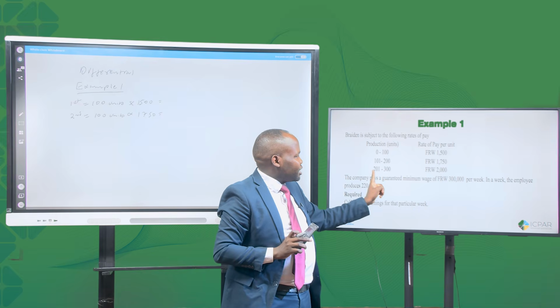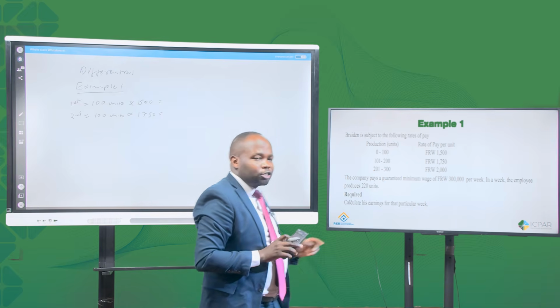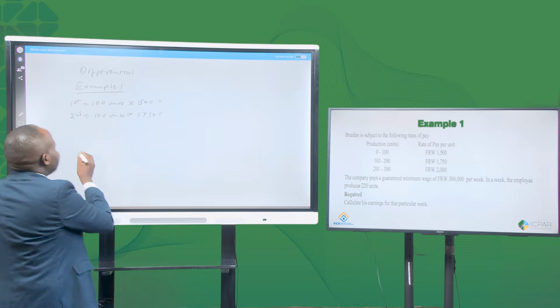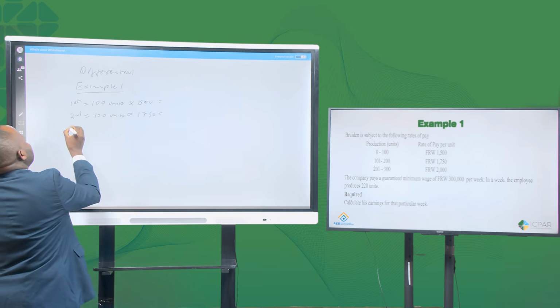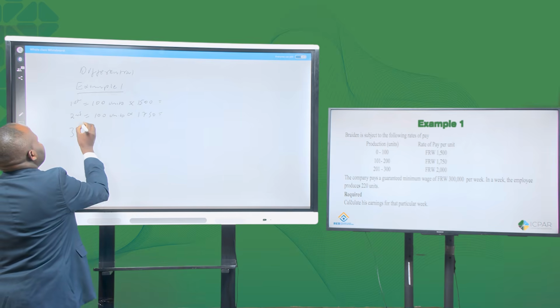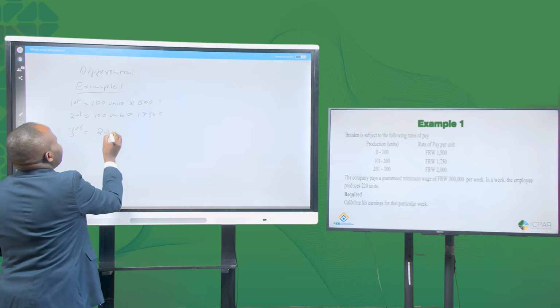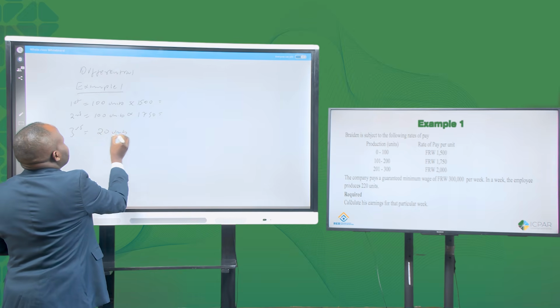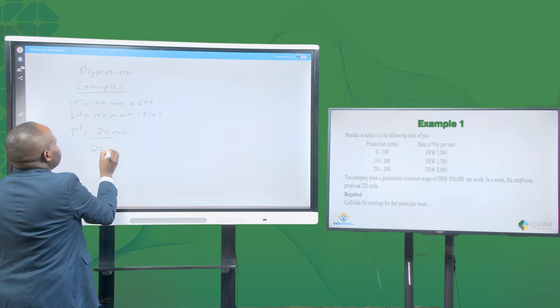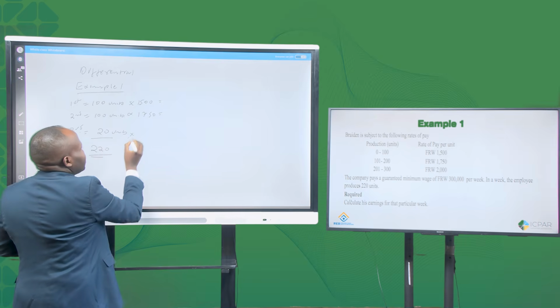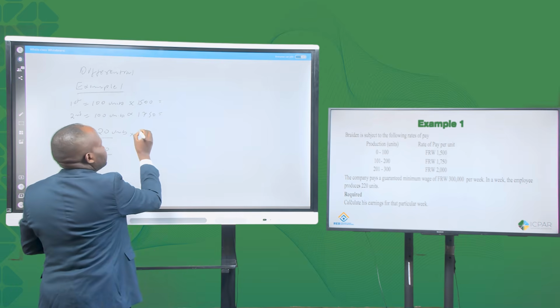It falls in this category of 201 to 300. The extra units are 20. So third is the 20 units. So this makes it a total of 220 times 2,000.